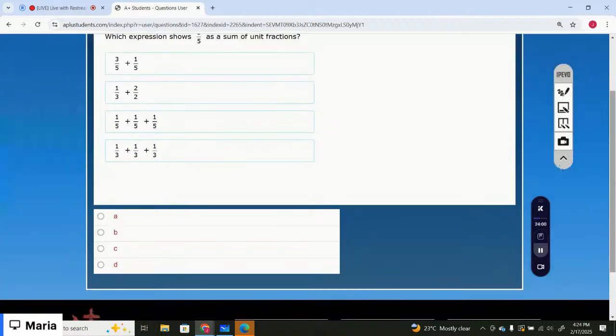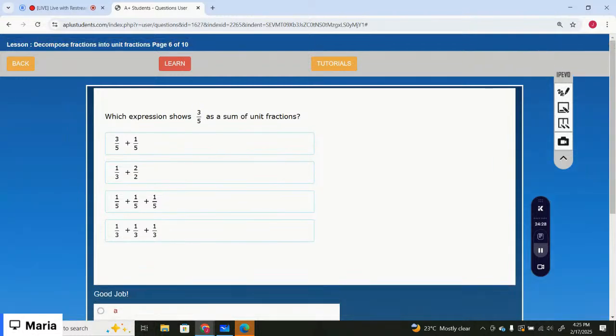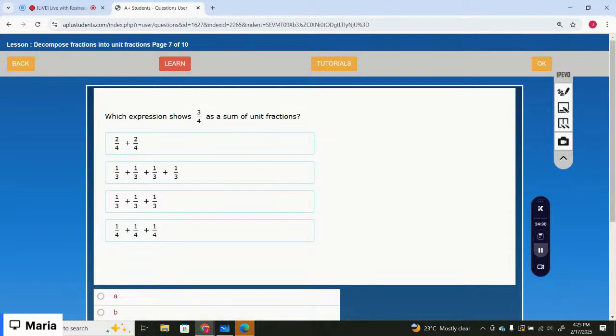So you can write 3 by 5 as... option C is the correct option. Got it? Which expression shows 3 by 4 as a sum of unit fractions?